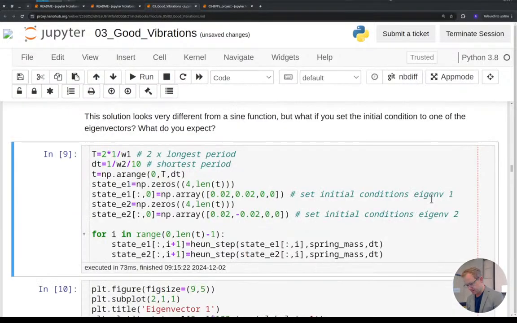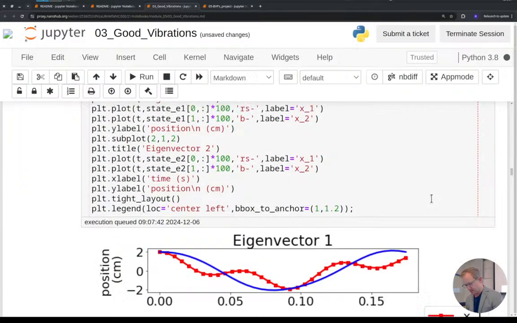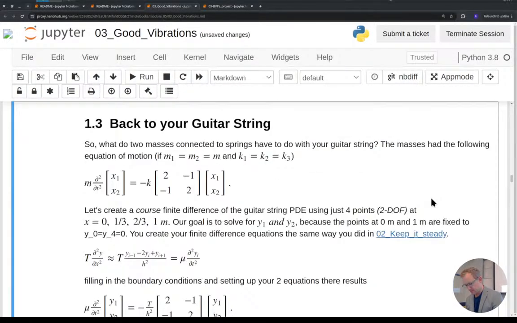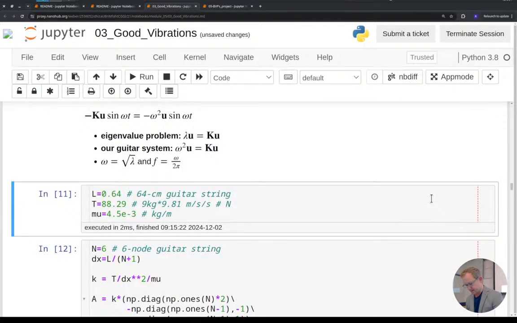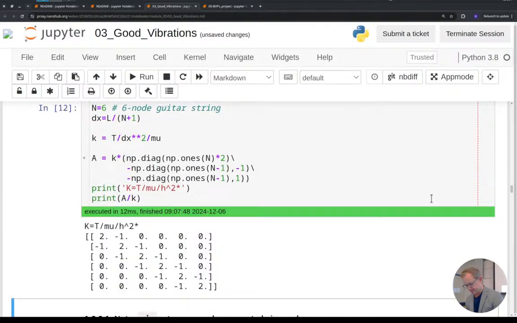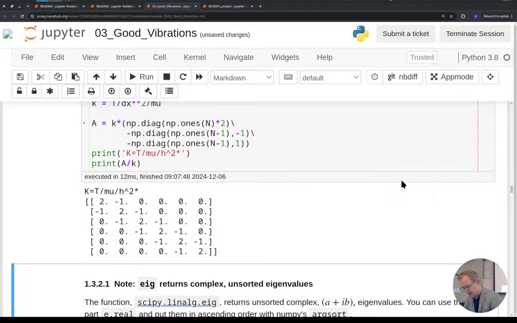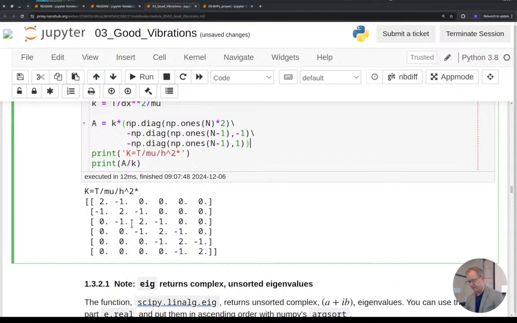This is just 2 mass, 2 spring. We're going to come back to this guitar string. And the main thing that we're trying to do is figure out the eigenvalues of this matrix, like T over mu times that H squared.